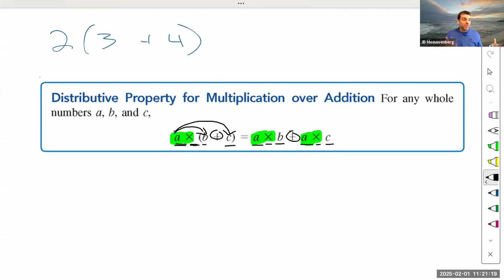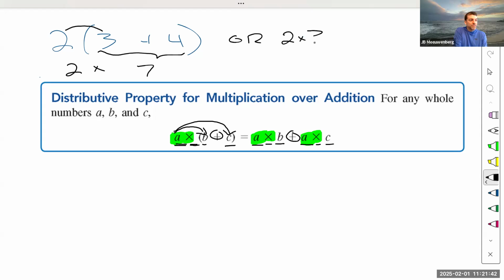And when you have numbers like 2, 3, and 4, you can really choose to do the problem a couple of different ways. You could choose to add the numbers on the inside first and do 2 times 7, or you could do this distribution where you distribute the 2 and say it's 2 times 3, and then you're going to add that to the 2 times 4.